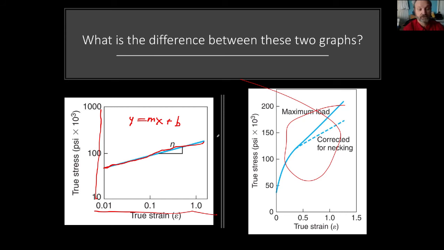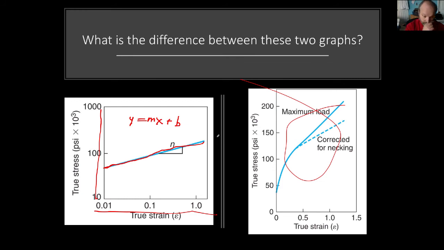That was drilled into my head, and I hope it was drilled into yours. And then b is what? The intercept, right? So you see this y equals mx plus b relationship, but it's on a log scale. So you can look at the slope as being some sort of material property. Different materials are going to have a different slope, and that's what n represents in this graphic.